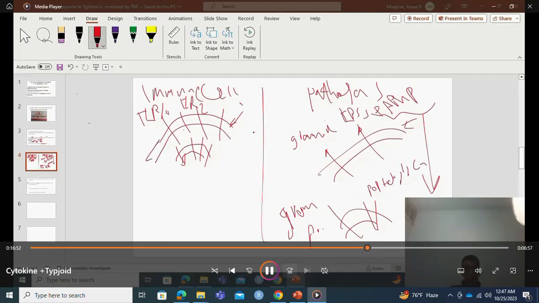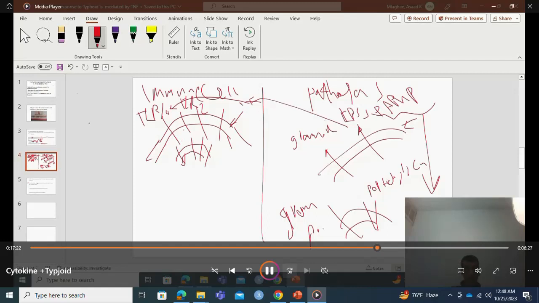So how does that work? Once the binding occurs from the pathogen to the specific receptor on the immune cells, TLR4, this is the pathway that Salmonella typhi binds, because Salmonella typhi is a gram-negative bacteria.